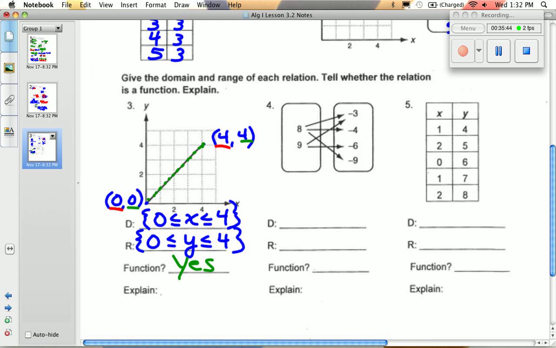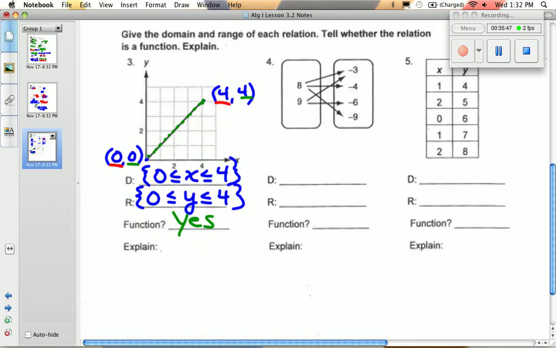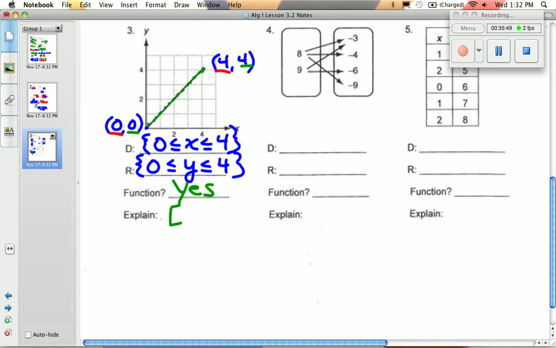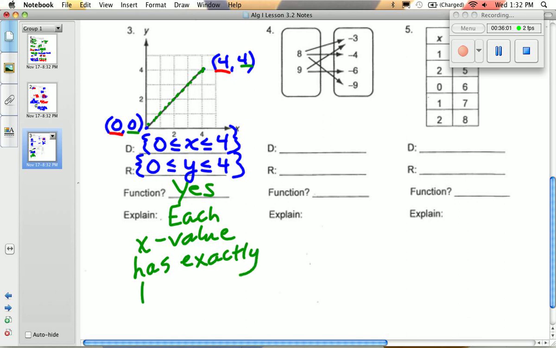No, it never gets repeated. So we would say it is a function. We would say each x value in that domain from 0 through 4 has exactly one y value, and that y value comes from the range 0 through 4.